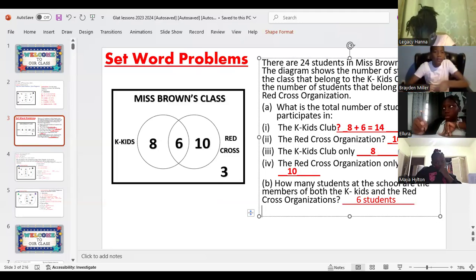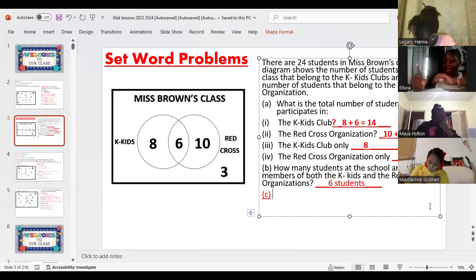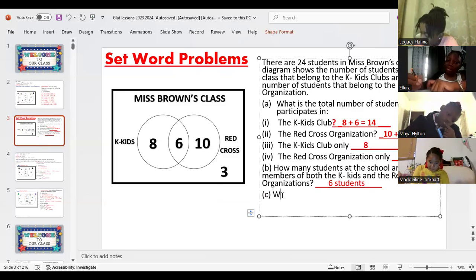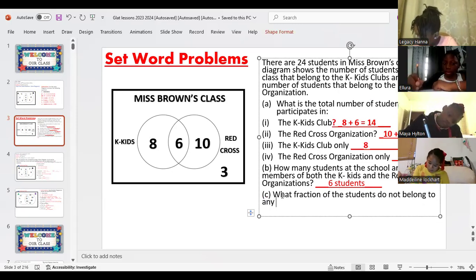It's a good question. Part C says, what fraction of the students do not belong to any of the clubs?